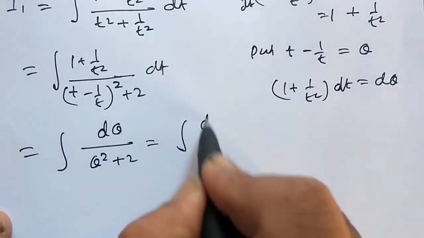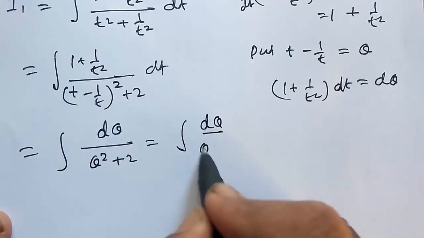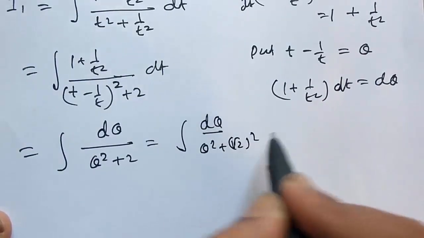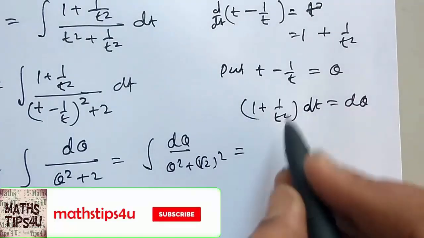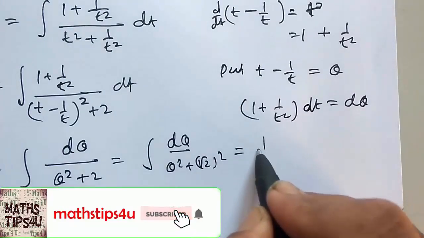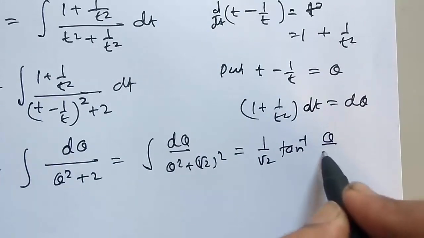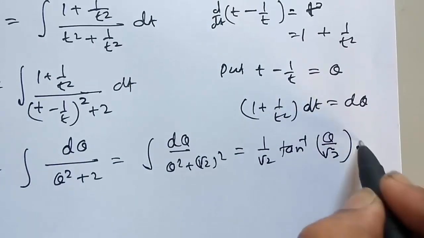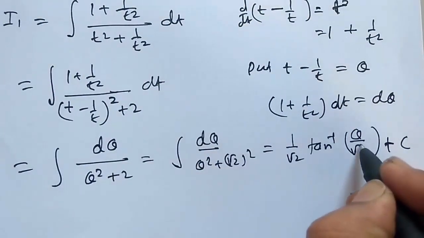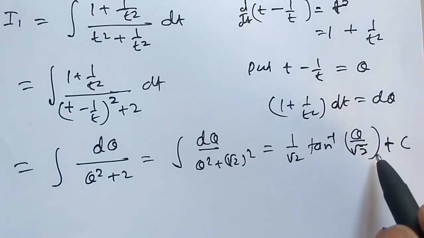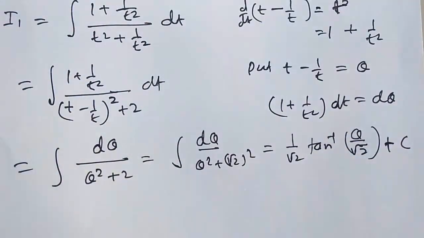So it is integration d theta upon theta square plus root 2 square, and its integration is 1 upon root 2 tan inverse of theta upon root 2 plus c.